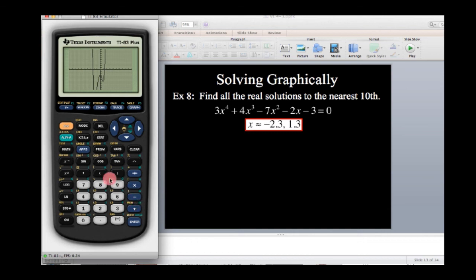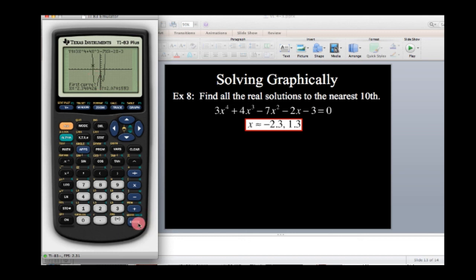So the easiest way to do that then is just to go second, trace, down to number 5 for intersect. And then remember, we just have to get over close to the intersection point. Oops, went too far. Okay, so you can see my cursor's there. Here's our intersection point that we're looking at right here.